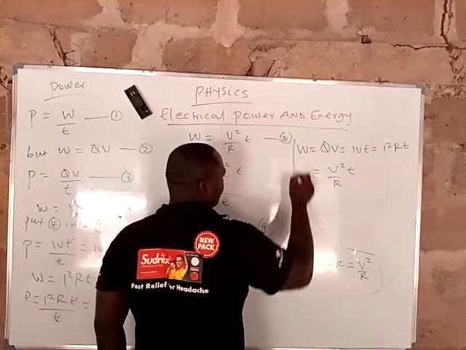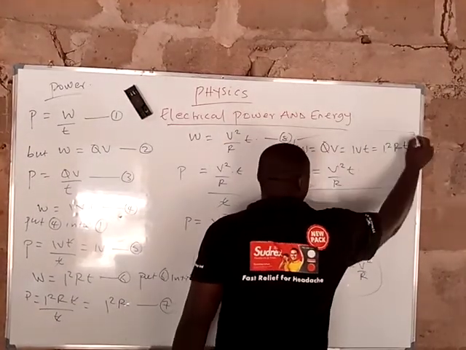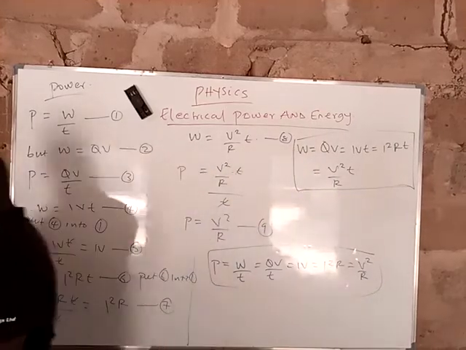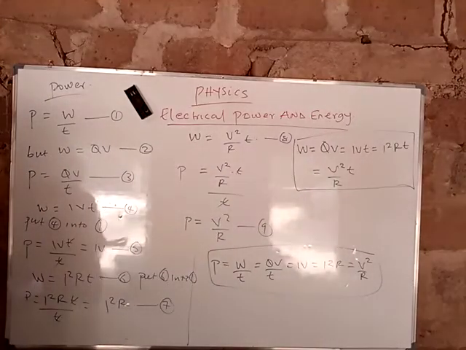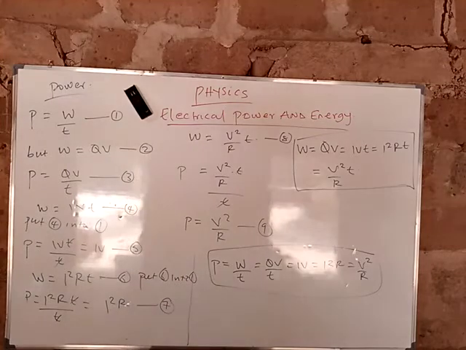And all these are definitions of electrical energy, which we are going to use in solving various calculations. It's very much expected you know how to prove all these formulas. My next video is going to be mainly on calculations on all these various quantities.